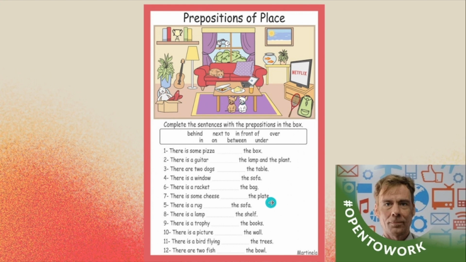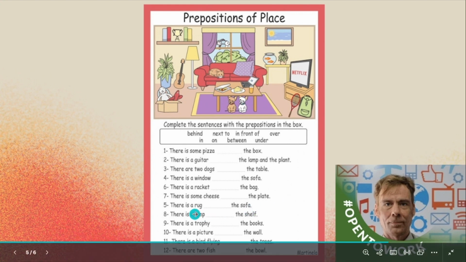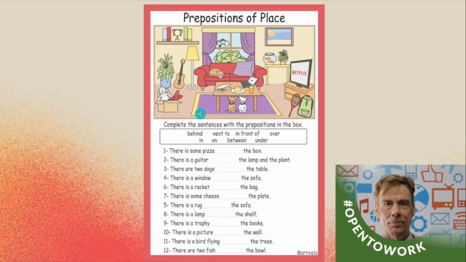There is some cheese, the plate. Here's the cheese, here's the plate. The cheese is next to the plate. There is a rug, the sofa. Here's the rug, here's the sofa.